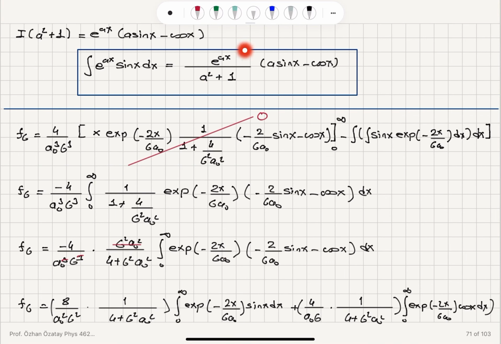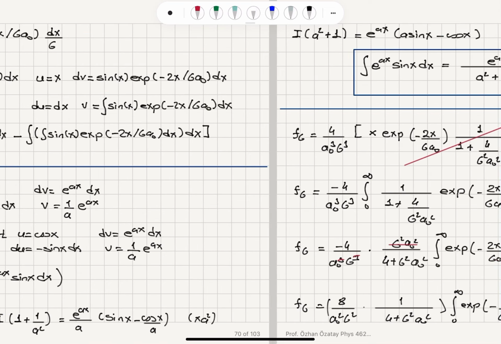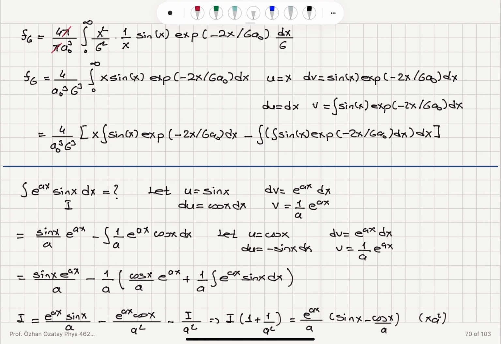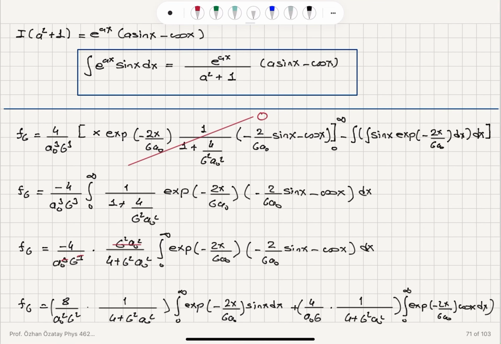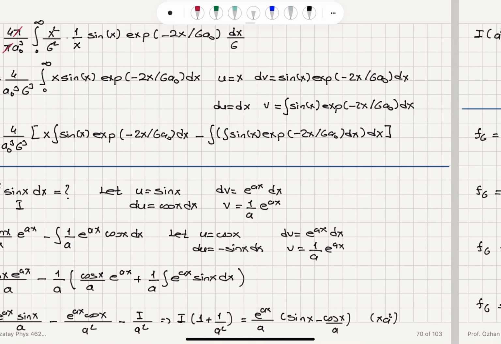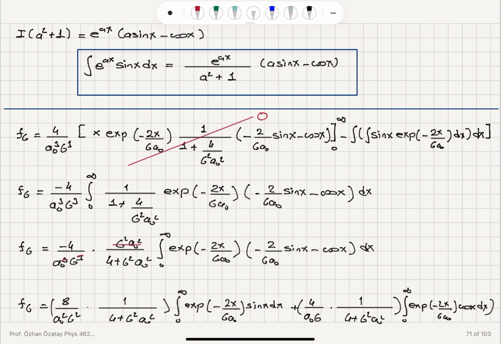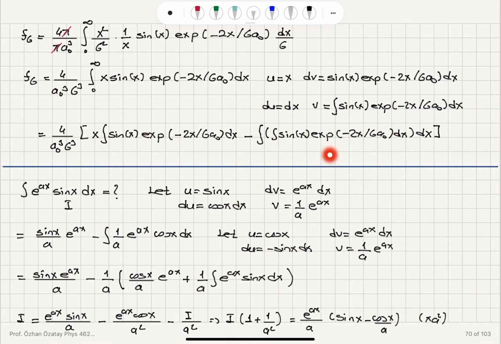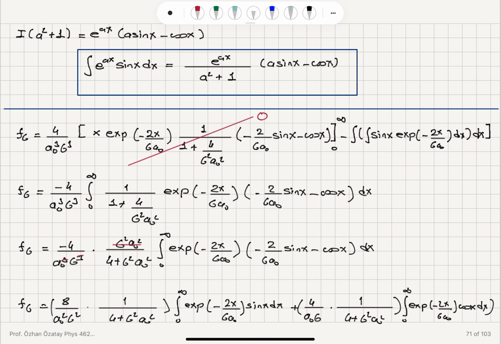That is e to the ax over a squared plus 1, a sine x minus cosine x. So if we substitute this result for the integral that we have obtained here and here, basically evaluating this between 0 and infinity with the x term in the front of it, we obtain a 0. So the first contribution is 0. The second contribution basically is something we have to work on.